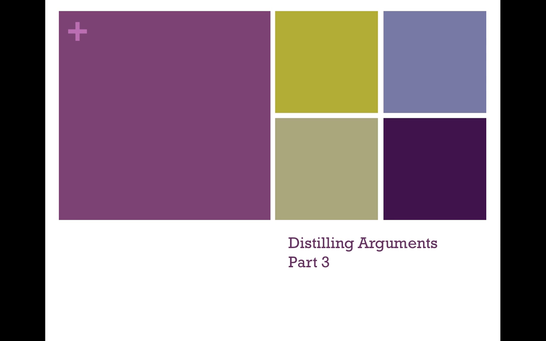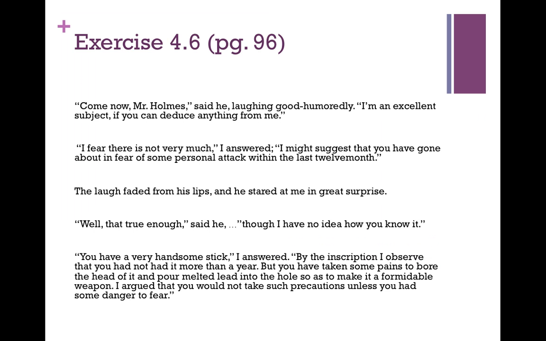So grab a pen and a pad of paper because you're going to have to work on a couple of problems today. The first problem we're going to look at comes from your textbook. If you look on page 96, you'll see exercise 4.6, and this is problem number 1. What I want you to do is to read through this and see if you can figure out what the argument here is.